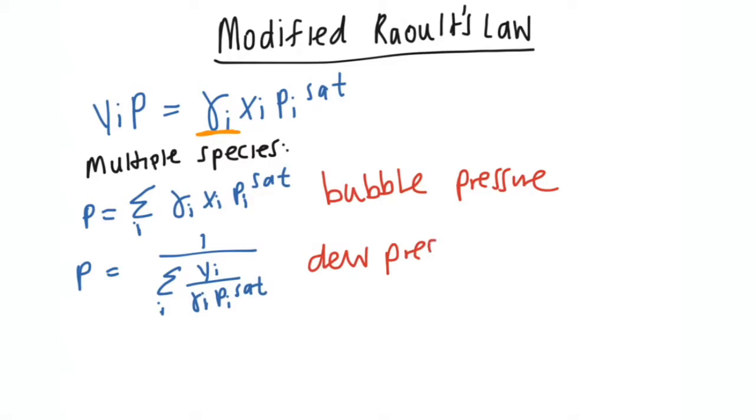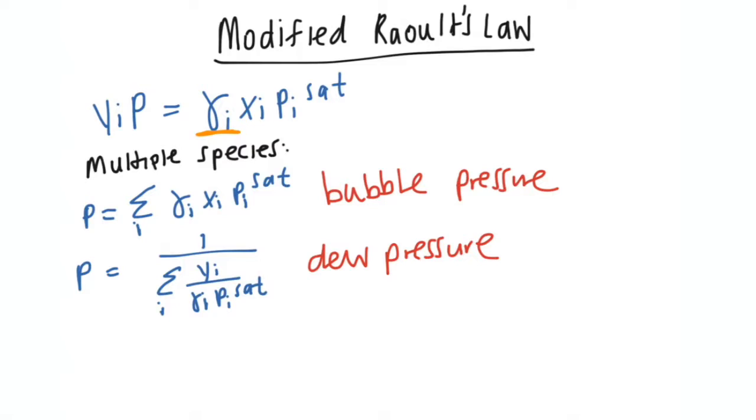So again, think of it the same way as before. If I'm on a test and it says, oh, what is the bubble pressure with this liquid mole fraction, this temperature, and you're like, I don't have time to think, I don't know what I'm doing. Well, just know, okay, bubble pressure, I've got to use modified Raoult's law because I have this gamma here.